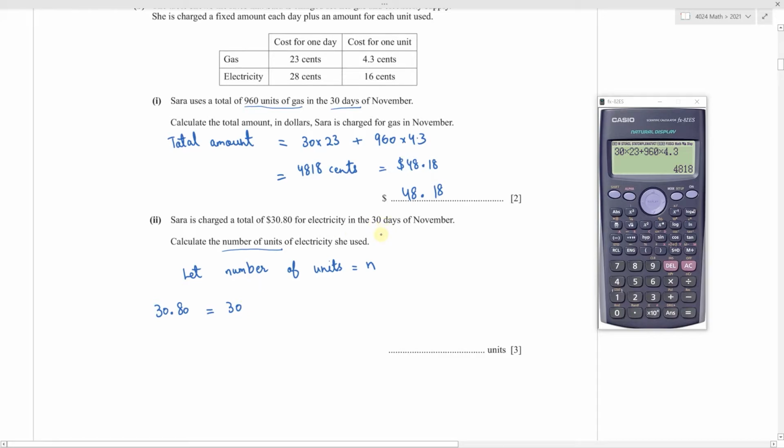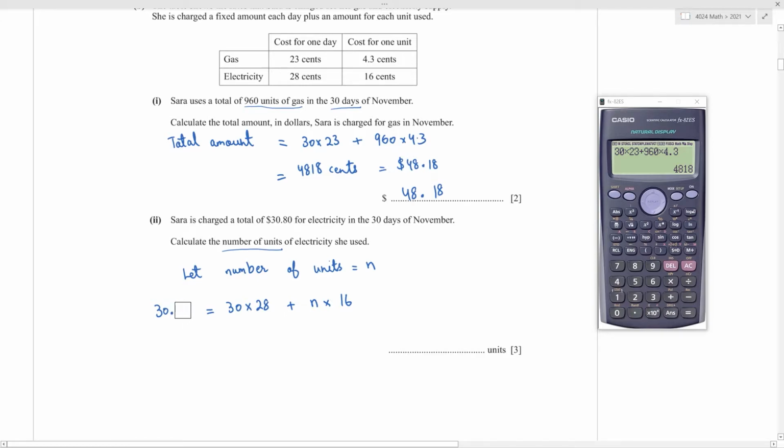and the cost for electricity per day is 28 cents. So 30 multiplied by 28 plus the cost of units. So she used n units multiplied by the cost of 1 unit, which is 16 cents. So now let's solve for n.